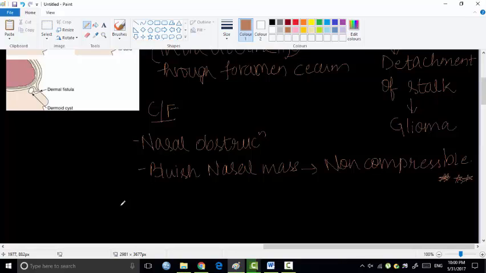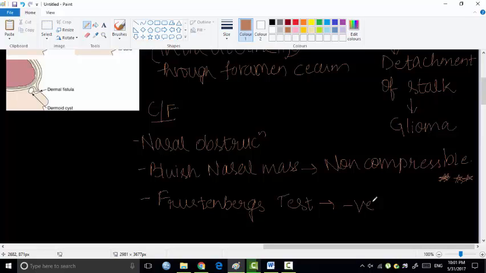Next, the Furstenberg test is negative. And you should know what the Furstenberg test is before saying that it is negative. As I have said, the swelling increases in size when one coughs, right?